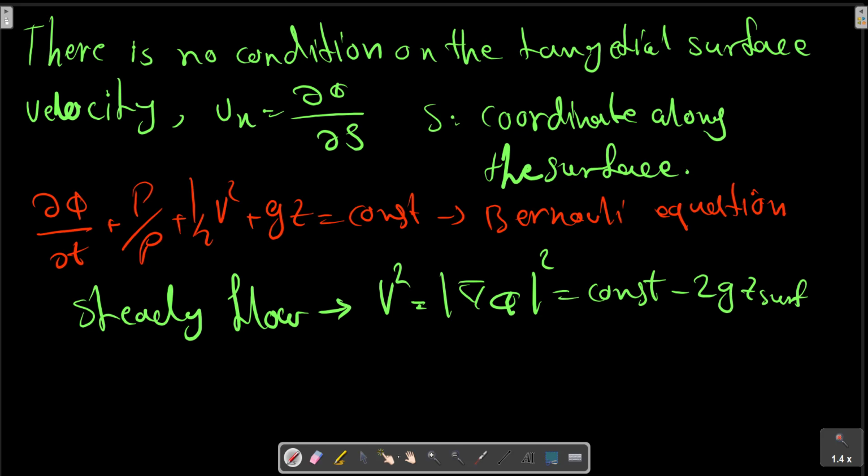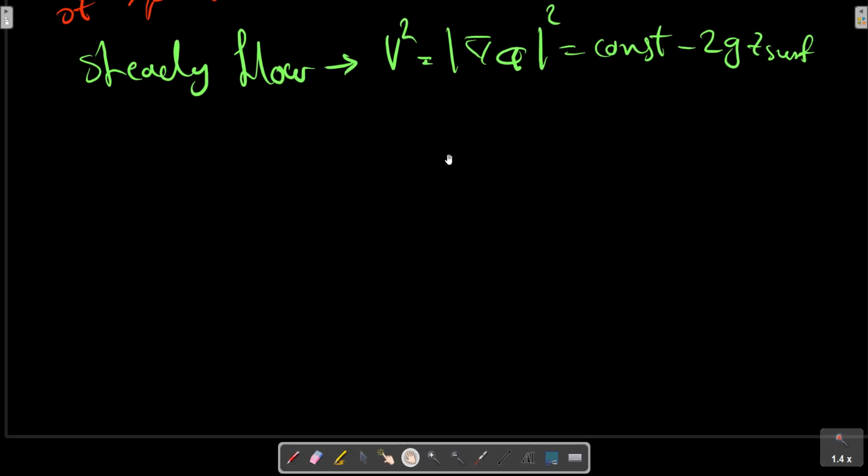We have also a review of the stream function concept.